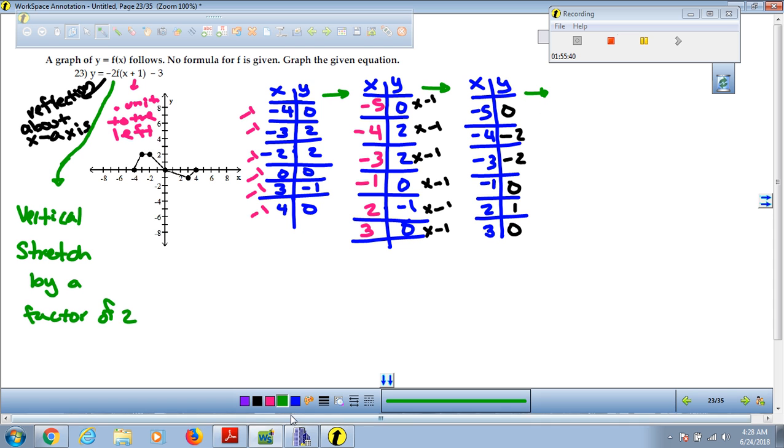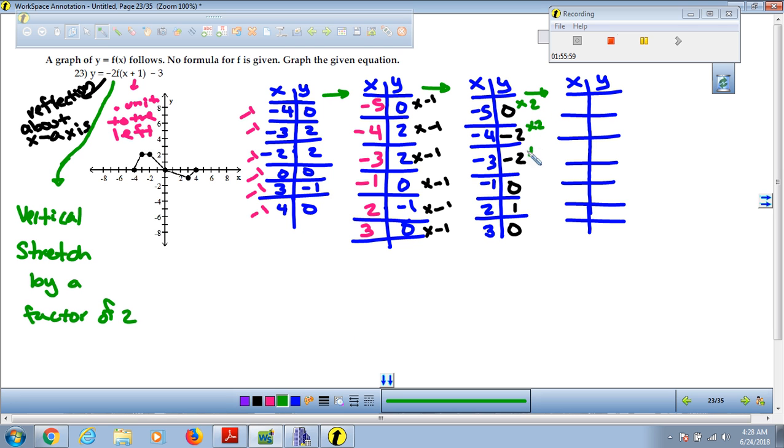Then in the next table, I'm going to multiply the y's times 2. So then here, 0, -4, -4, 0, 2, and 0.